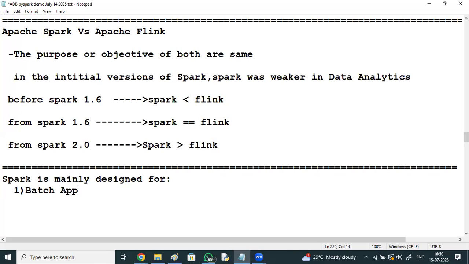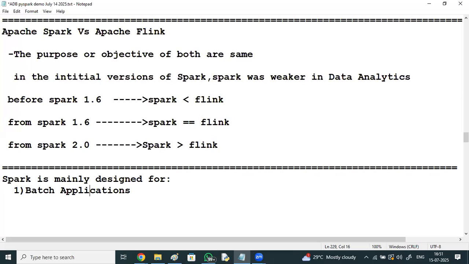There are two types of applications: batch applications and online applications. But Spark is not for online applications. For example, when a transaction happens for a single record, two records, not for record-level operations.